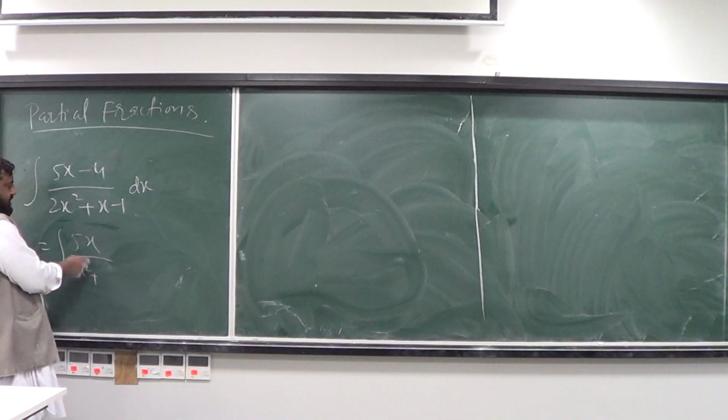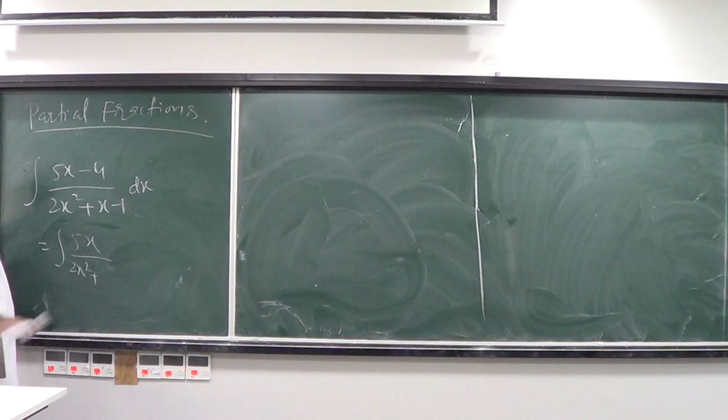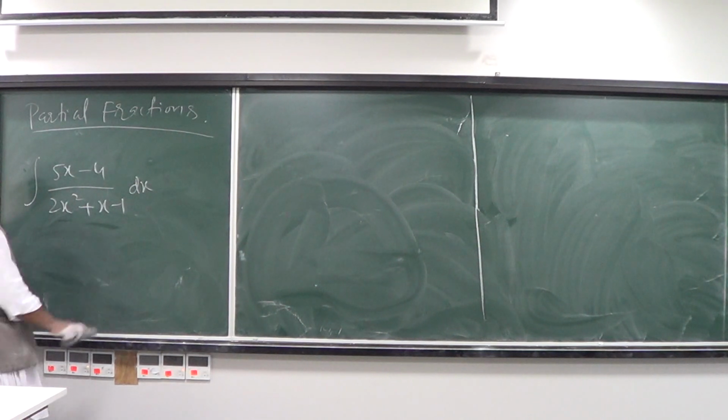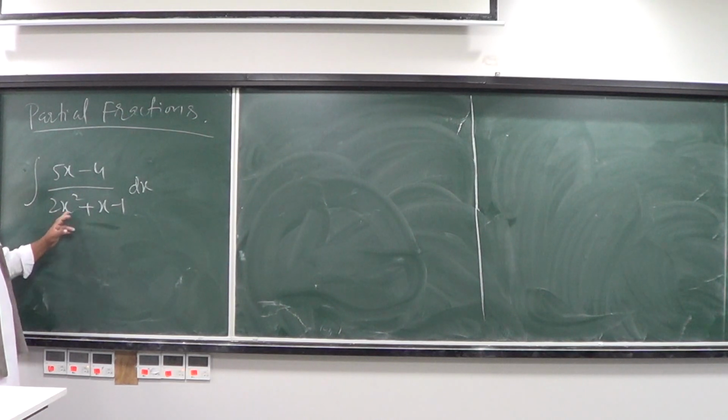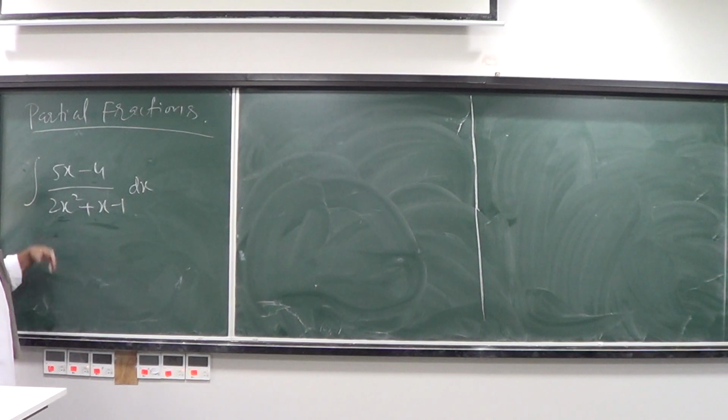Another trick: the denominator is 2x squared plus x minus 1, so its derivative is going to be 4x plus 1. I don't have a plus 1 here, but you can bring it in. It's not a big deal.